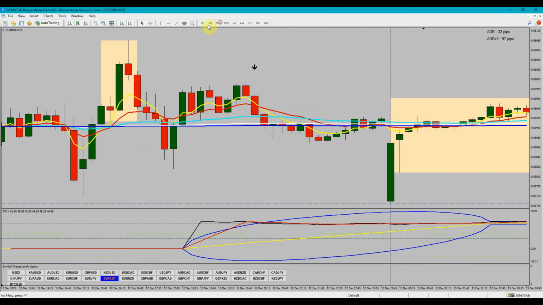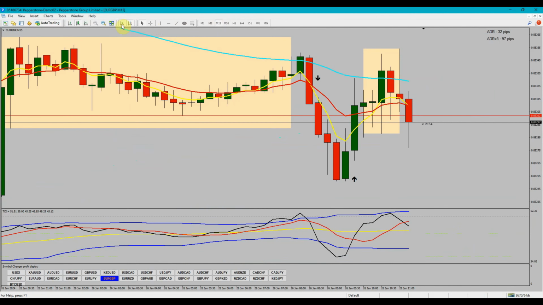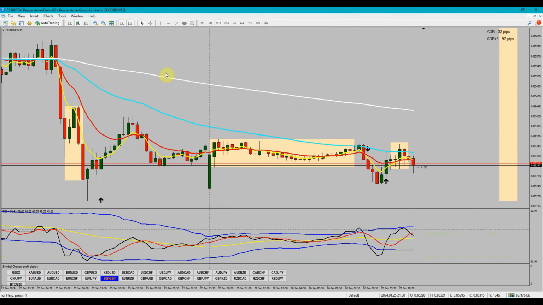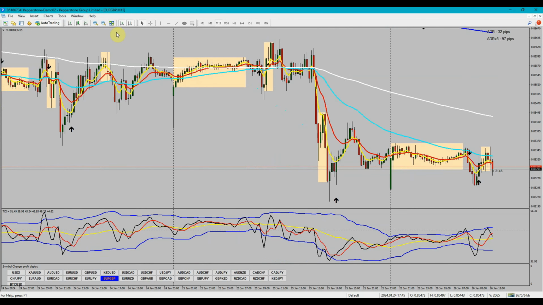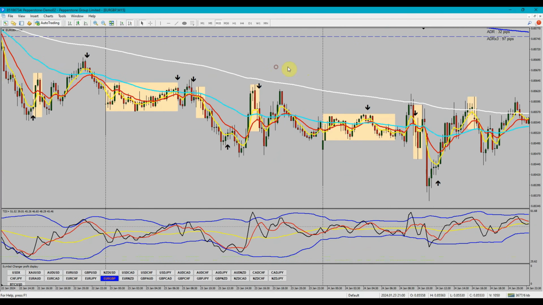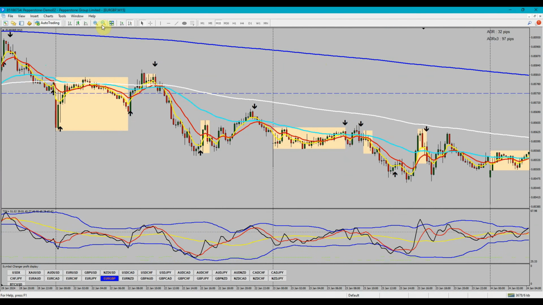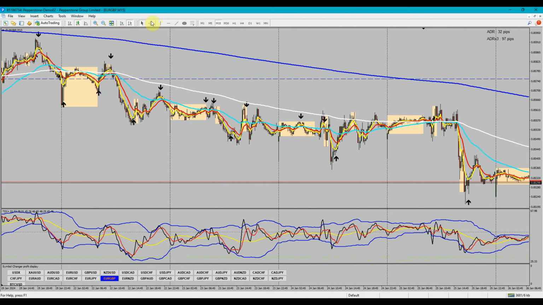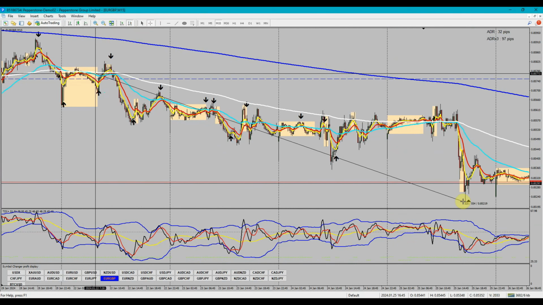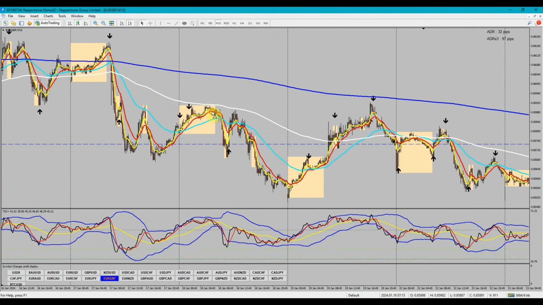Okay, so let's go back to the 15-minute. Now my 200 EMA is above. Let's also look at that on the 15-minute chart. Once our 50 and 200 cross, like it crossed here, look at this, we have movement to the downside.